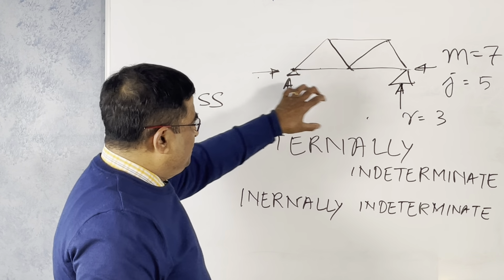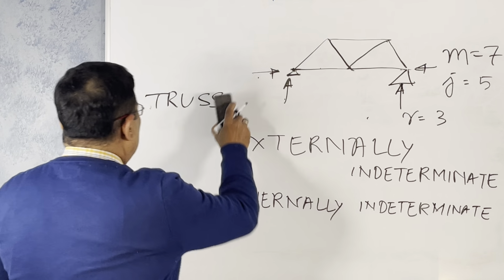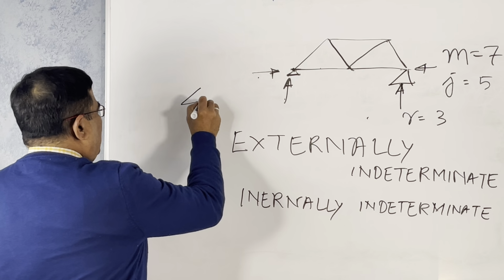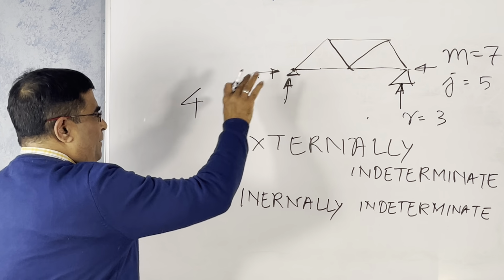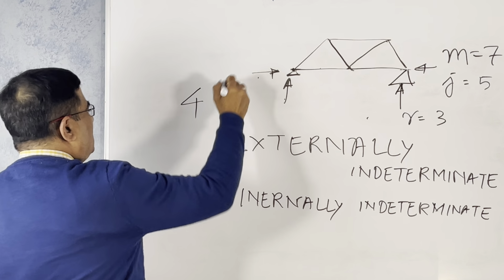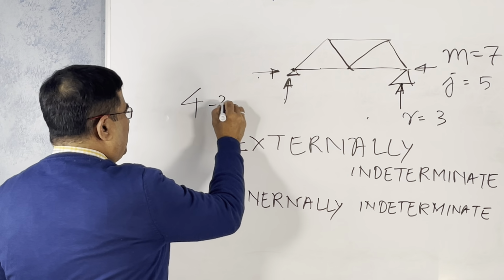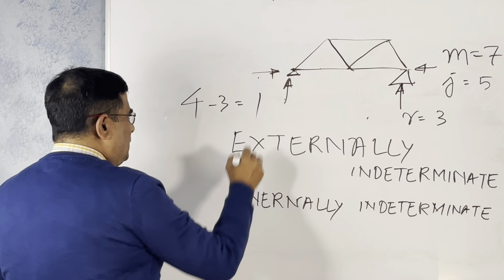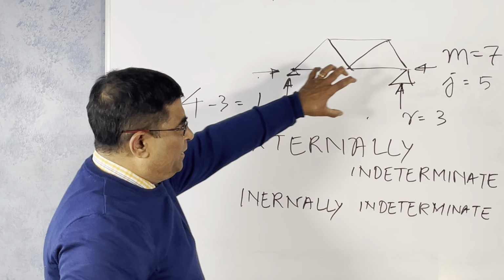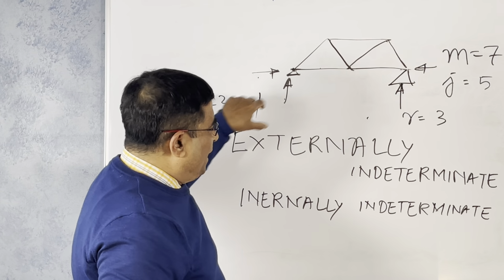So the number of external reactions is 4 and you have only 3 equations. So 4 minus 3 is 1. That is, it is externally indeterminate by 1 degree.